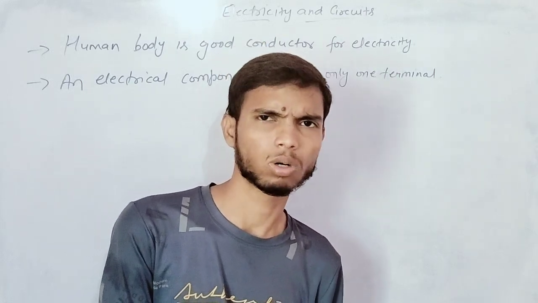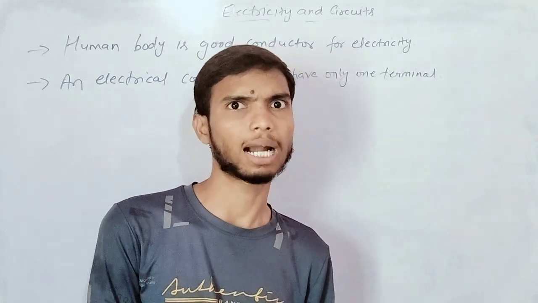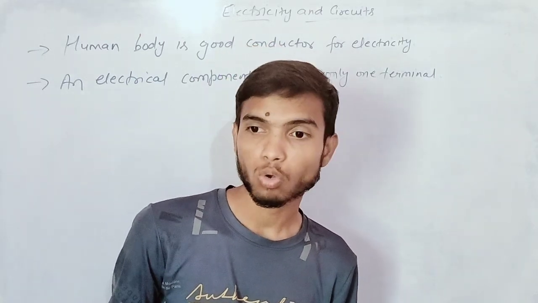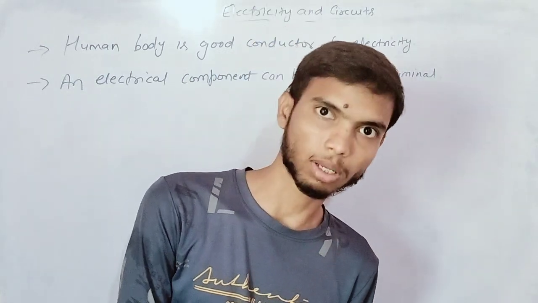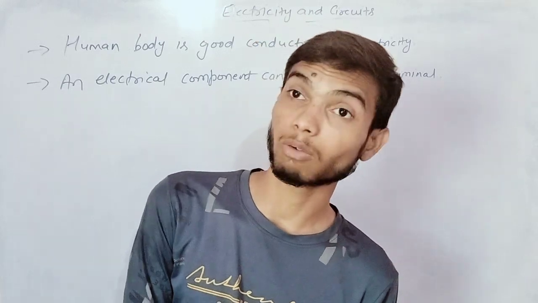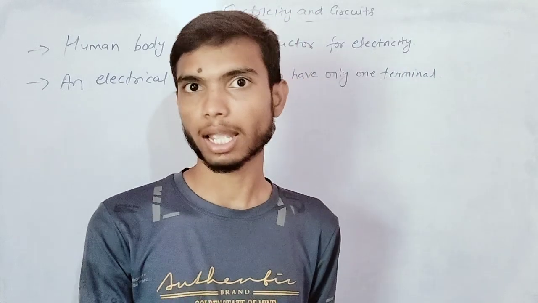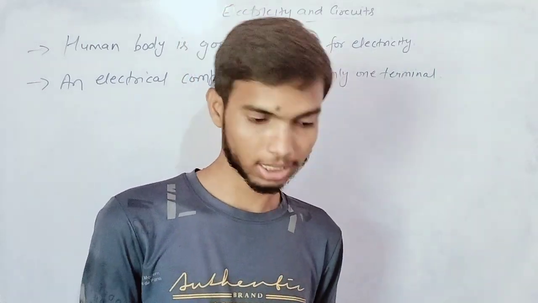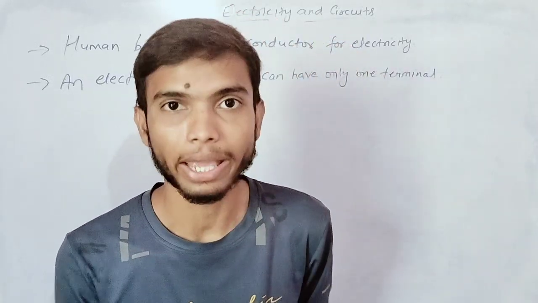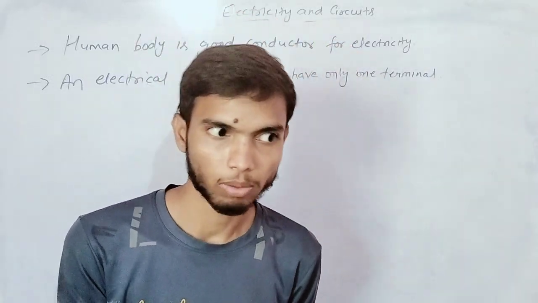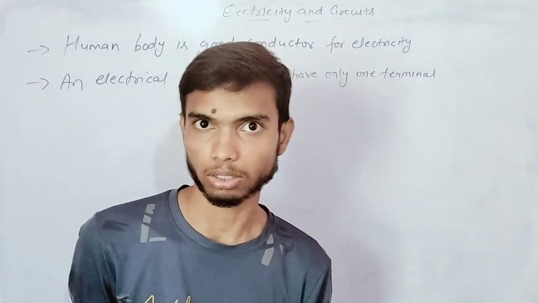A magnet attracts magnetic materials. So electricity will attract something, and that something can be only conductors, not insulators. So here, electricity behaves as if it is attracting conductors.